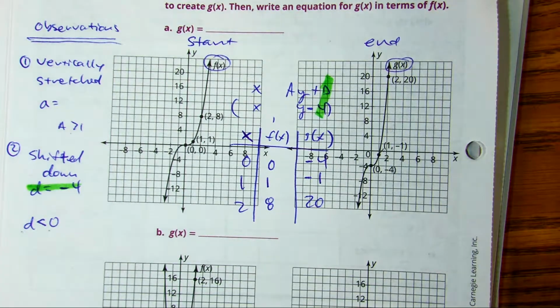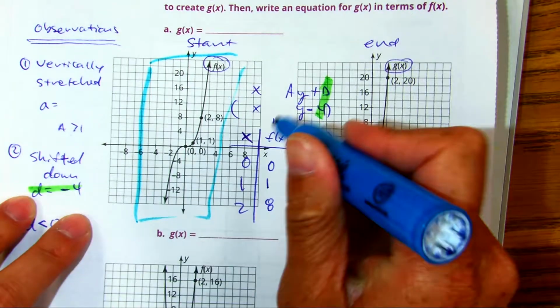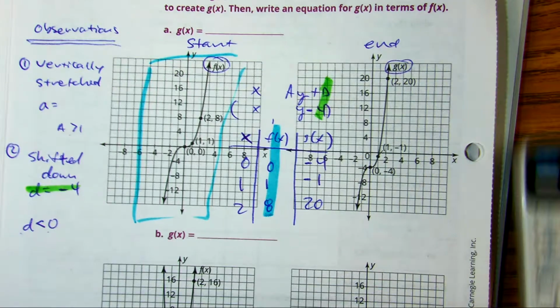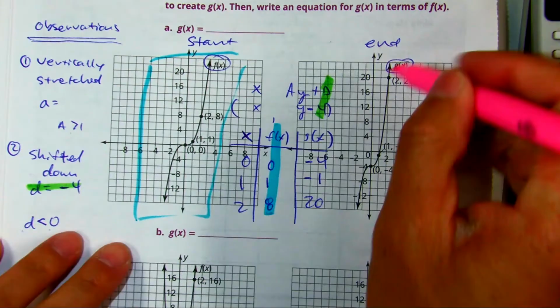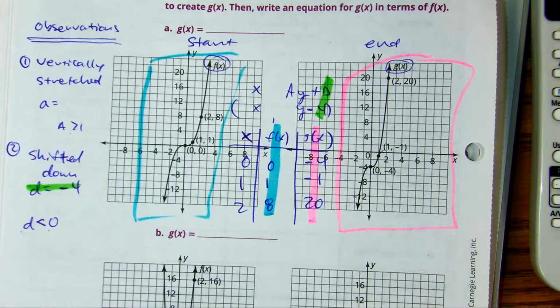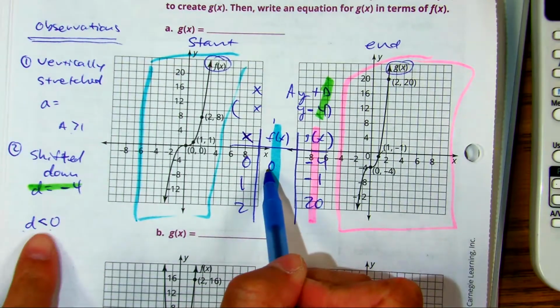This graph on the left is my f of x values, and my g of x are these numbers. Okay. So here shows the shifted down 4 units, right?